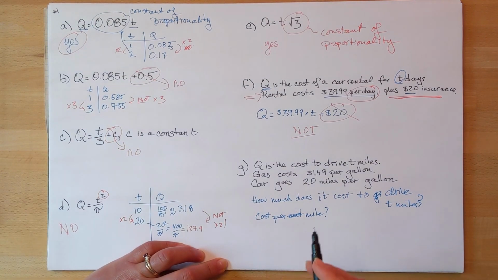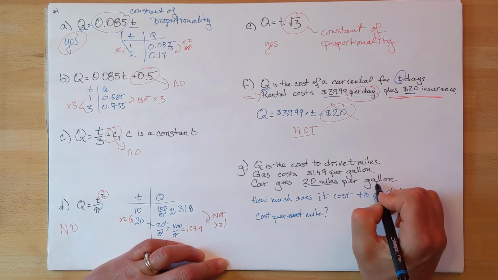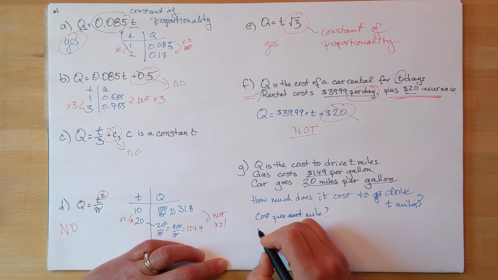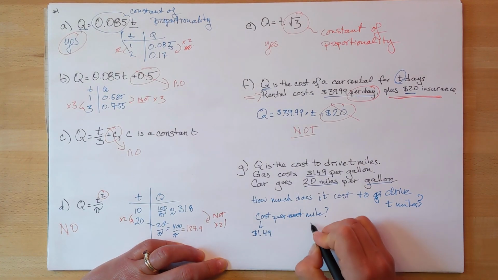Well, I have a distance. I know that my car gets 20 miles on 1 gallon of gas, and I know that 1 gallon of gas costs $1.49. So for the cost of $1.49, that's 1 gallon, I can go 20 miles.